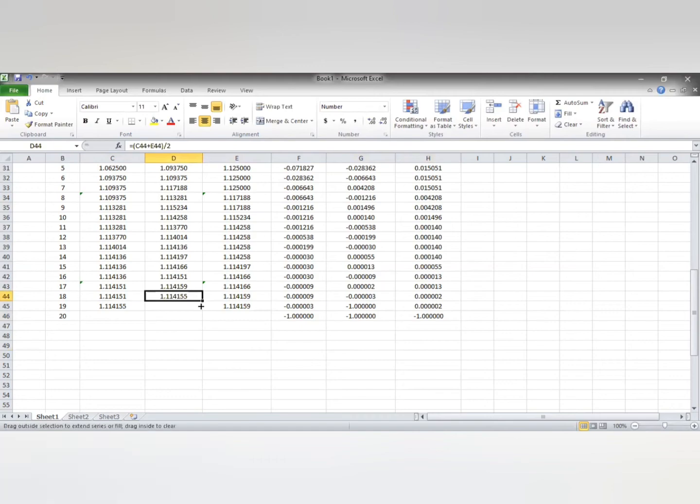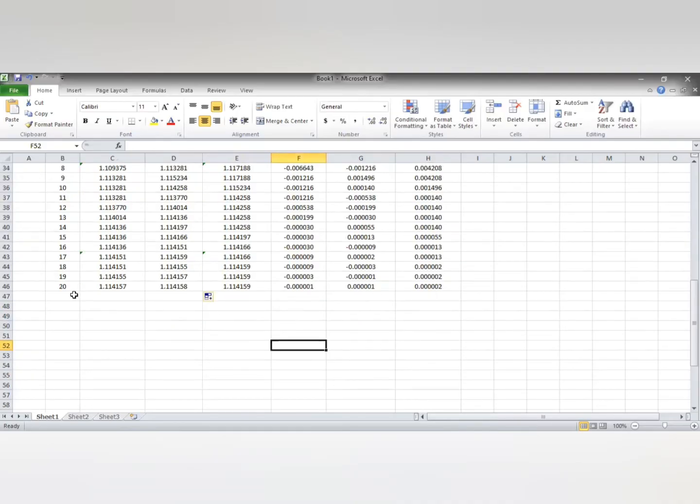Okay, so 0.001. Okay, so we have the C value, and here we have the right end value. Okay, so that is 0.001.